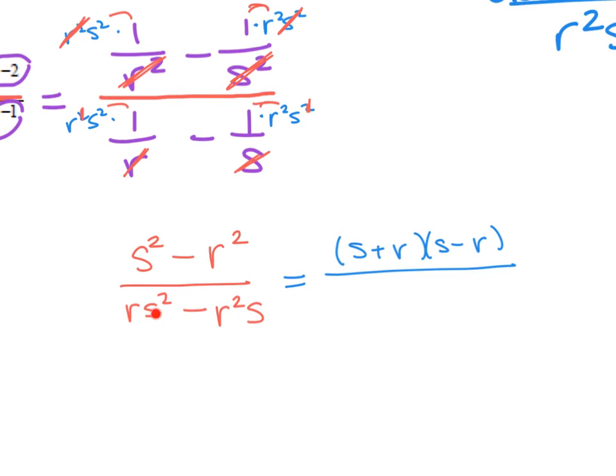I've got an rs here, an rs here, so let's do some GCF factoring with this one. I'm going to take an rs out, and it leaves me with an s minus r. Well, that was helpful because now we have an s minus r on the top and an s minus r on the bottom. And our final answer is s plus r over rs.